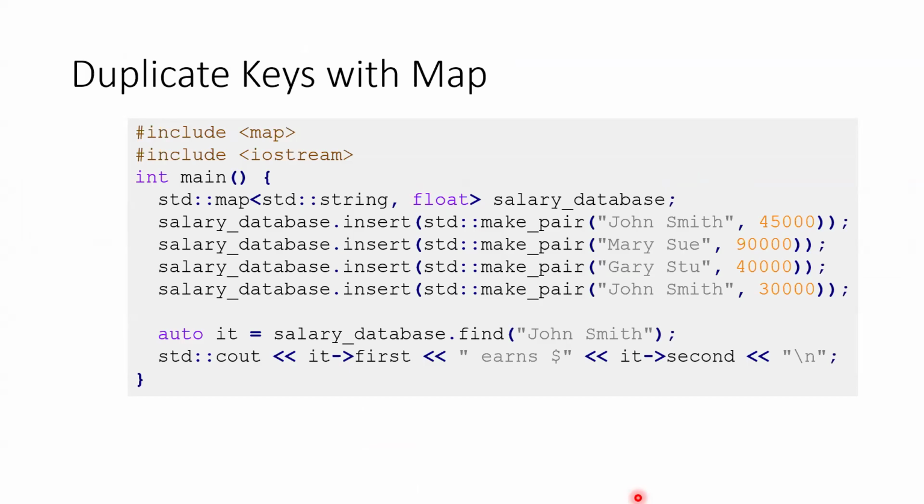Now let's consider another case. Say we have a map that's storing the salary of employees, and we have 2 employees with the same name, John Smith.